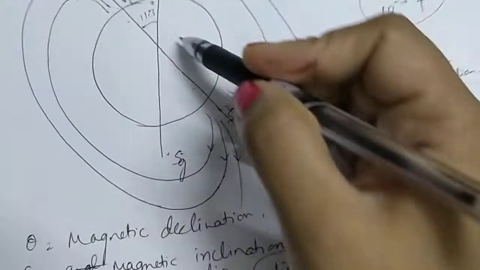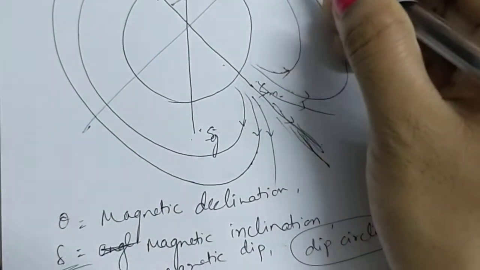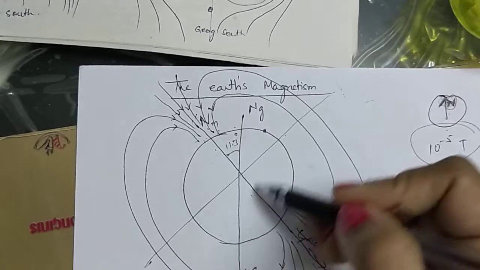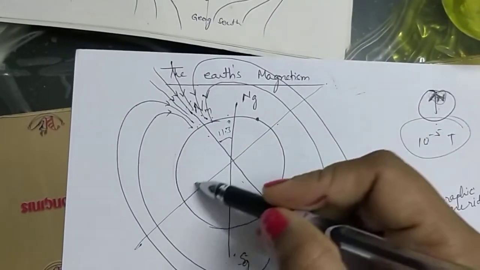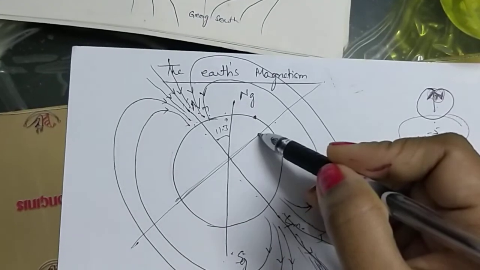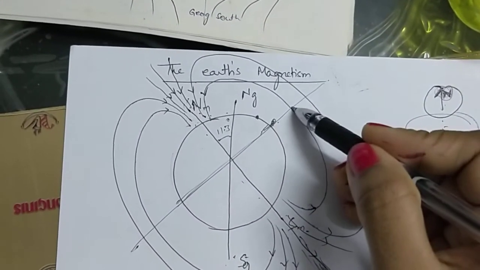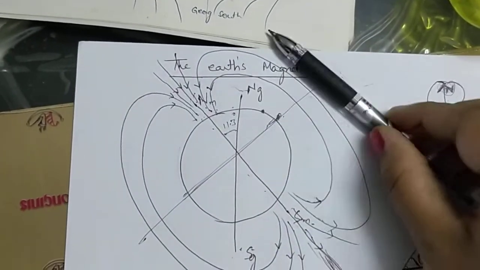See, at equator, your magnetic equator will be a line like this, which divides the upper half and lower half for the magnetic axis. This is the magnetic equator. Suppose you are at equator, and this is the magnetic field line, so the plane which passes through it will be like this.